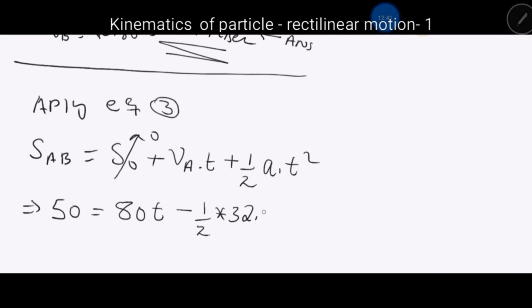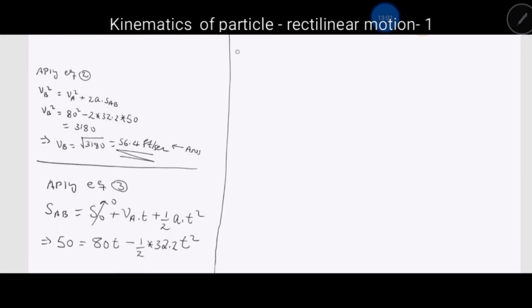Now if we rearrange this equation, or if we collect like terms on the left side, 16.1 t squared minus 80t plus 50 equals 0. Now this is simply a quadratic equation. For solving such types of equations, we can apply the quadratic formula.